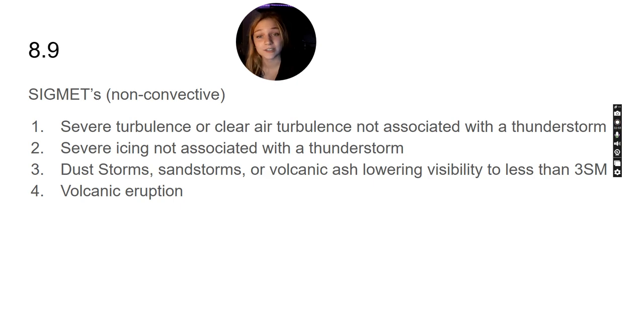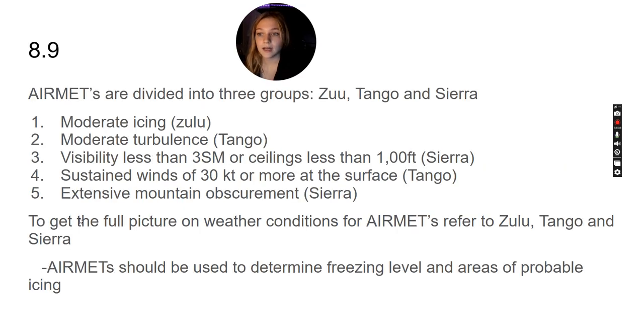I've listened to this amazing plane crash documentary. Oh, it wasn't a plane crash. They didn't crash, but that ash can stuff up your engine, okay? And then volcanic eruption. And then the AIRMETs are divided into 3 groups. We have Zulu, Tango, and Sierra.